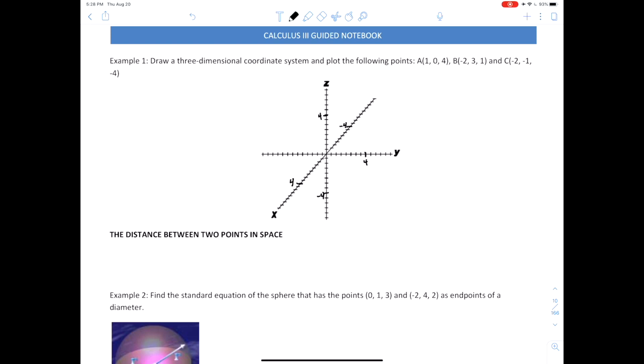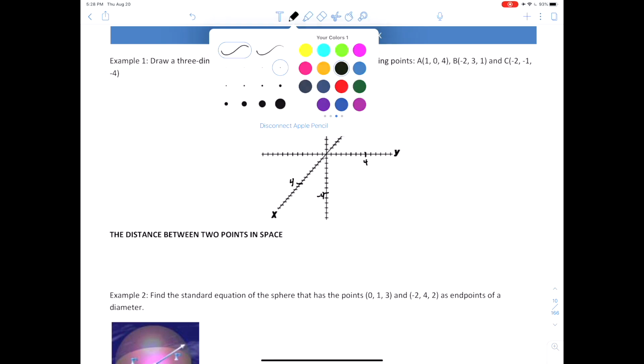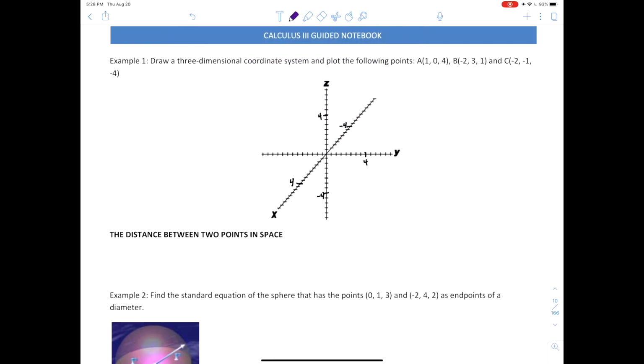Okay, hopefully that'll work. So for A, why don't we go ahead and use purple for A. So 1, and then 0 on the y-axis, and then 4, we want to go 4 up, but remember it needs to be parallel to the x.